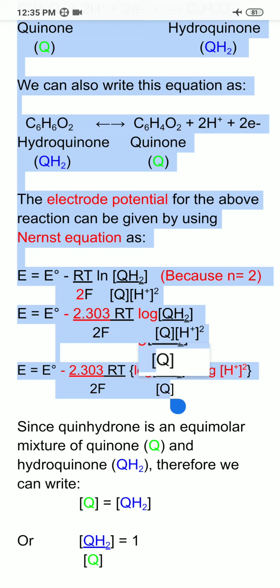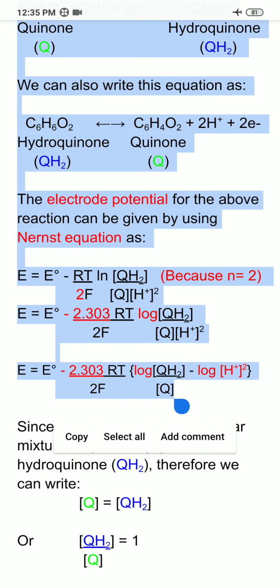Further I can write E is equal to E naught minus 2.303 RT upon 2F, log of QH2 concentration upon Q concentration minus log of H positive concentration raised to power 2. Why? Because log m upon n is equal to log m minus log n. So I have written this equation in log m minus log n form now.